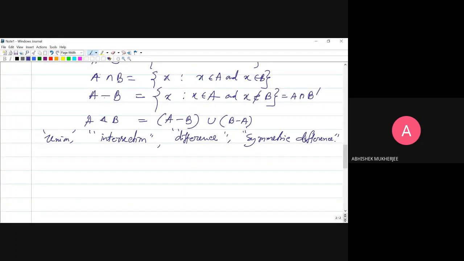It doesn't have this commutativity, because A minus B need not be equal to B minus A for some given sets A and B. Okay.